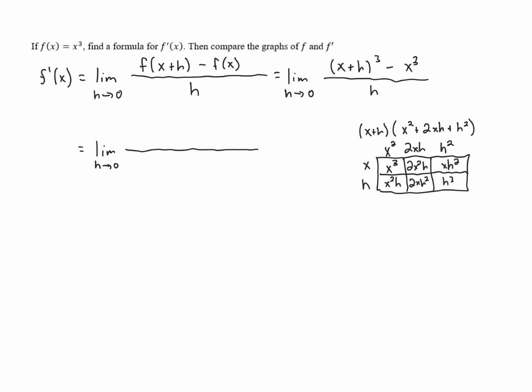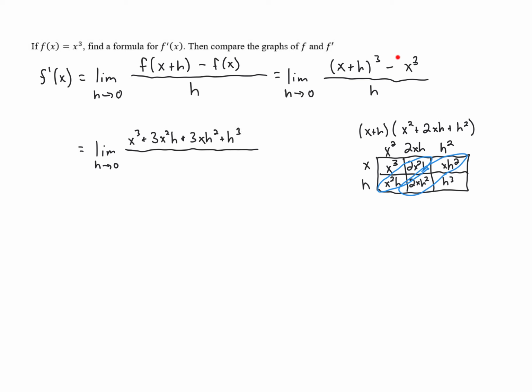And then we can combine like terms. We've got x squared h terms there, and xh squared terms there. When we combine like terms, this leaves us with x cubed plus 3x squared h plus 3xh squared plus h cubed.